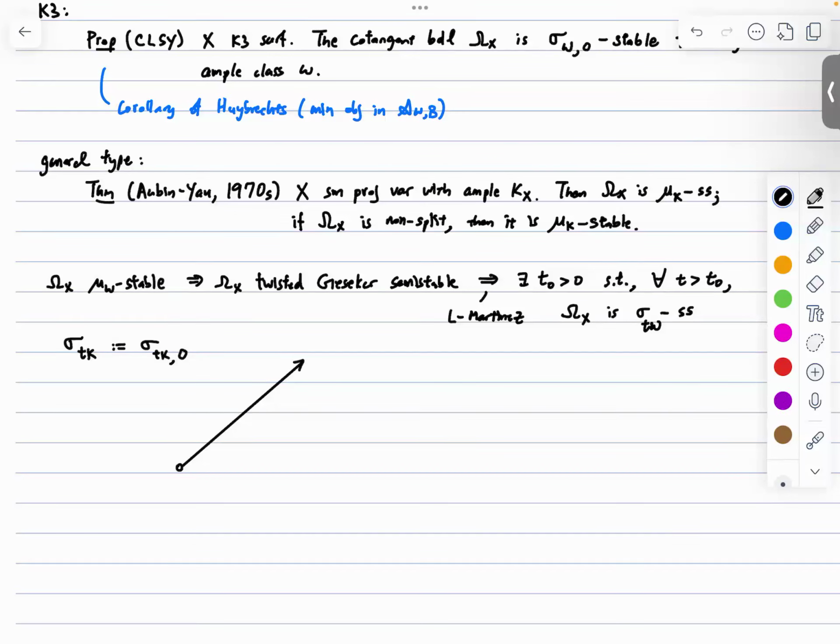The result we have is that there's some point corresponding to T_0, some stability in this one parameter family, such that beyond this point the cotangent bundle is always Bridgeland semi-stable. So for all the Bridgeland stabilities here, the cotangent bundle is Bridgeland semi-stable.